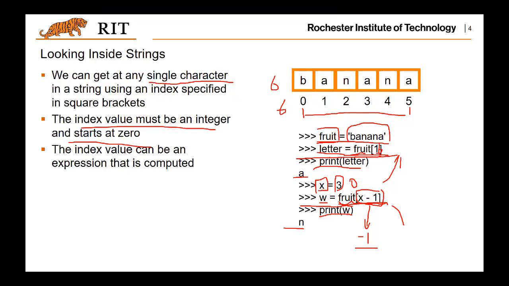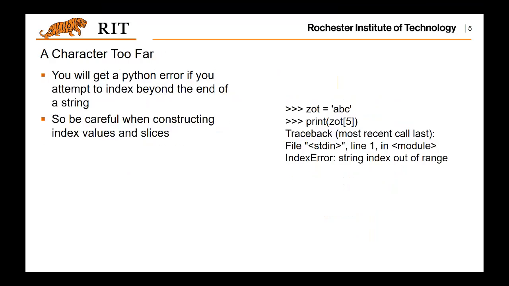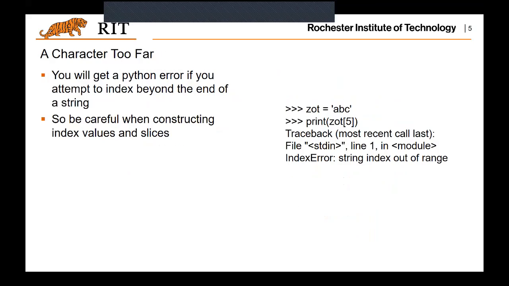That's the look inside a string. So here it describes what could be the cases if you have an error with the index. As I mentioned, if you go beyond the index, for example, with this ABC string, the index starts with 0, and then 1, 2.